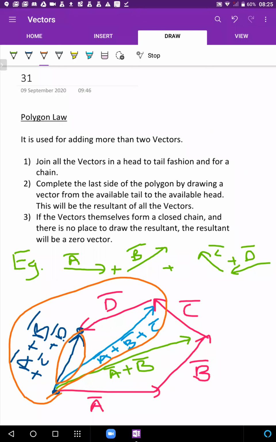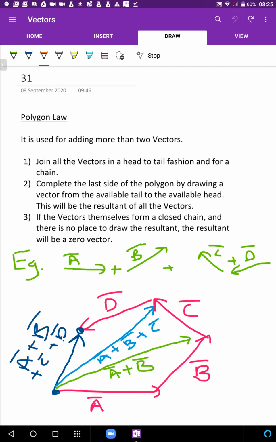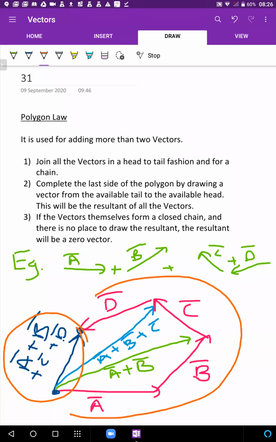This dark blue vector now seems to be the addition of the light blue vector and the pink vector because they're joined head to tail. So the dark blue vector becomes A plus B plus C plus D. As you can see, what we're doing here is just applying triangle law again, multiple times. And by that, we have proved that this is indeed the addition of these four vectors.